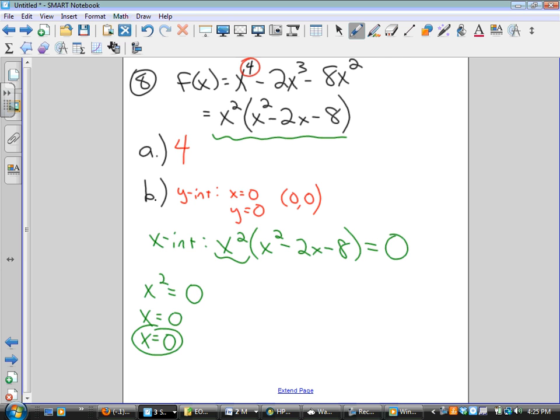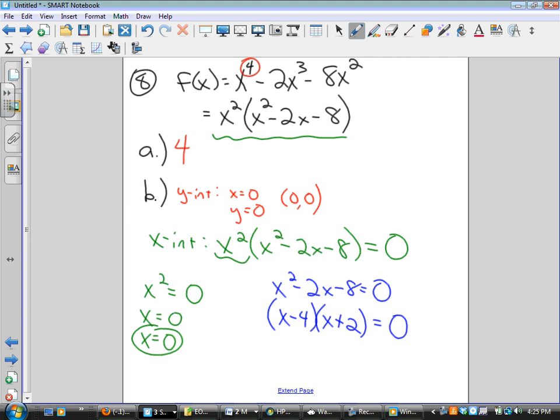Okay, now the other factor is quadratic. X squared minus 2x minus 8 equals 0. To solve this thing, the first thing we should check for is to see if that is factorable. If it is factorable, we should factor it, then set each factor equal to 0. And it looks like this one is factorable. It looks like we can factor this as x minus 4 times x plus 2.